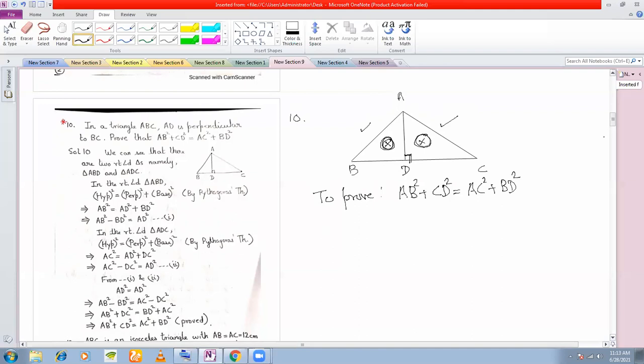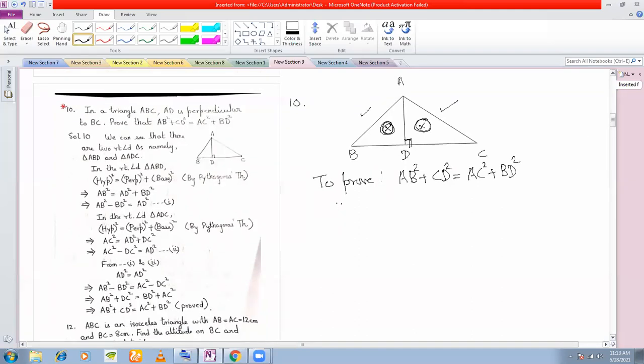Let's use it in the right angled triangle ADB. That is, I'm talking about this right angle triangle. You have hypotenuse square is equal to perpendicular square plus base square.